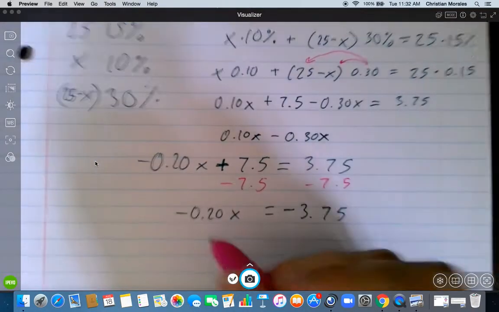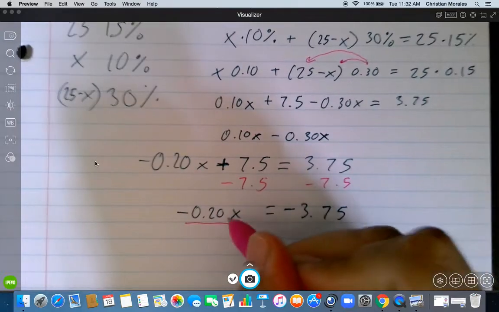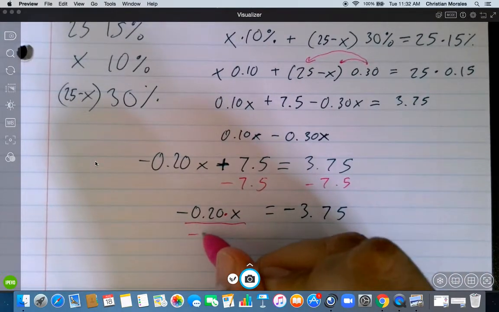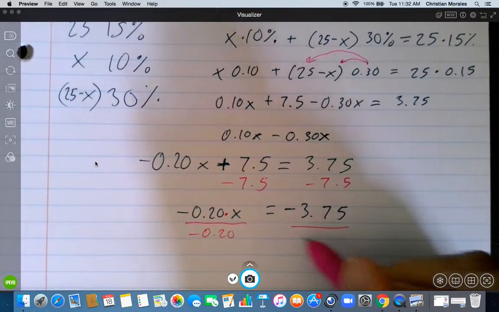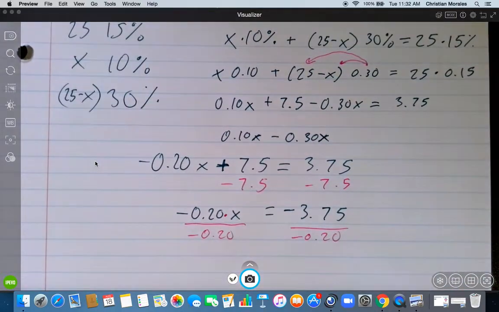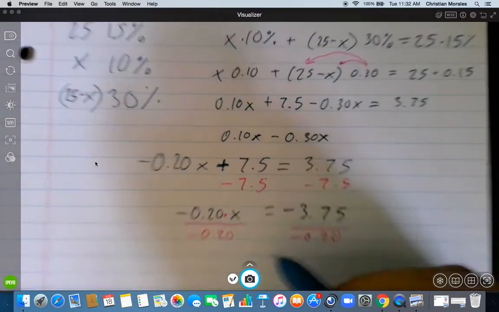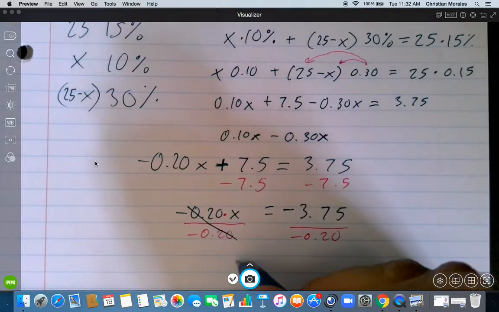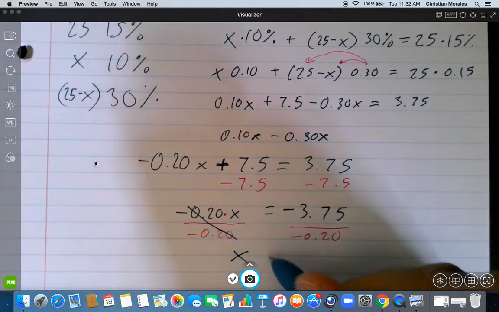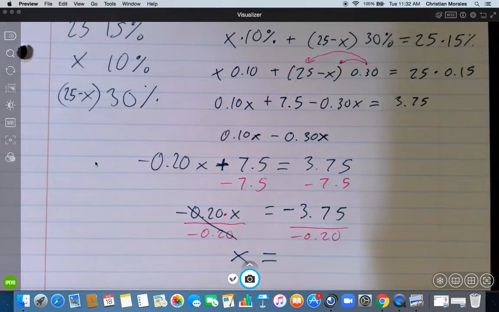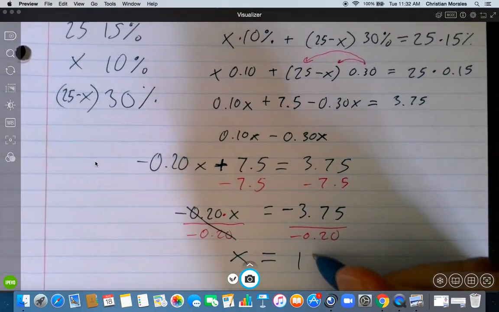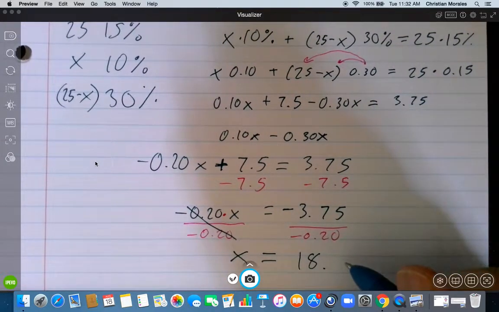Now this negative 0.20 is multiplying. The inverse of multiplying is dividing, so I'm going to divide by negative 0.20. The negative 0.20 will cancel out. And I'm going to get 18.75.